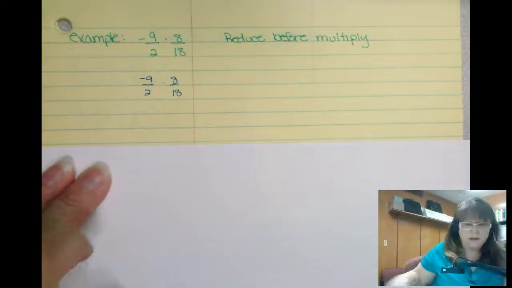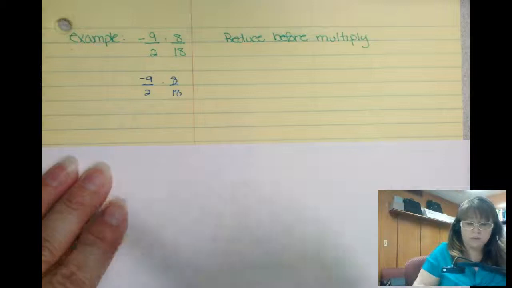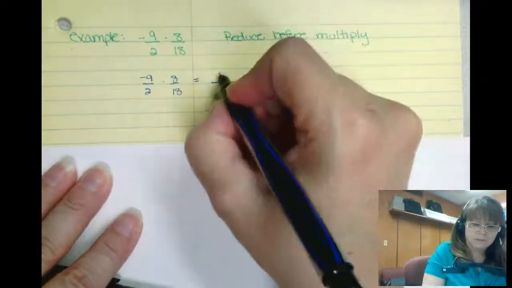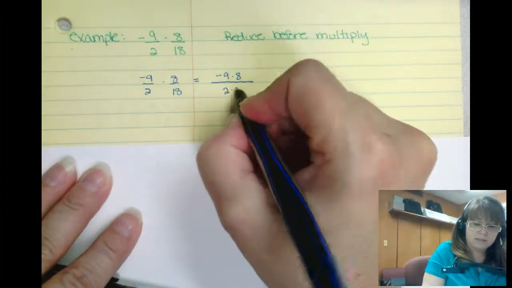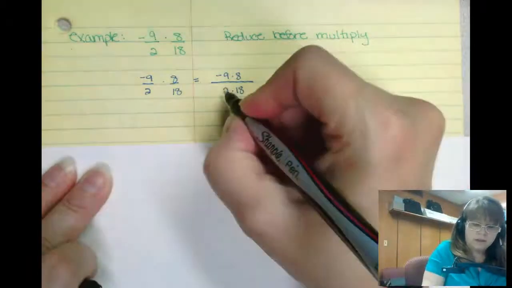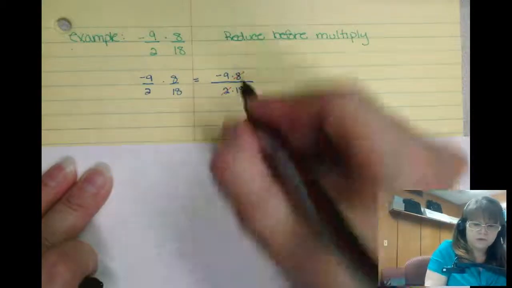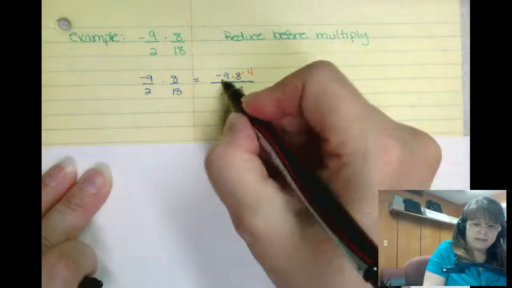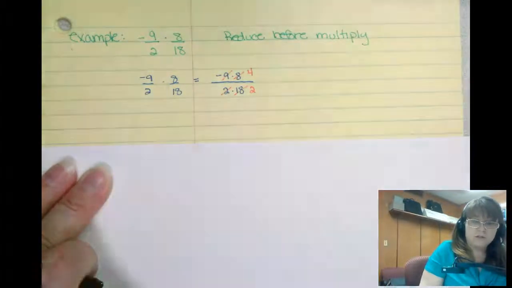If I rewrite this problem all over one fraction, -9 times 8 and 2 times 18, I know that 8 over 2 will reduce down to 4, and 9 goes into 18 2 times.